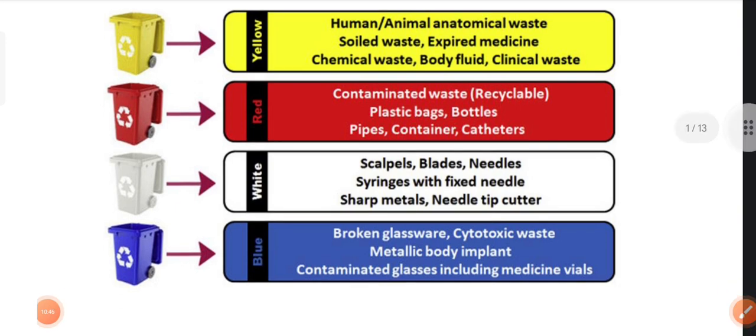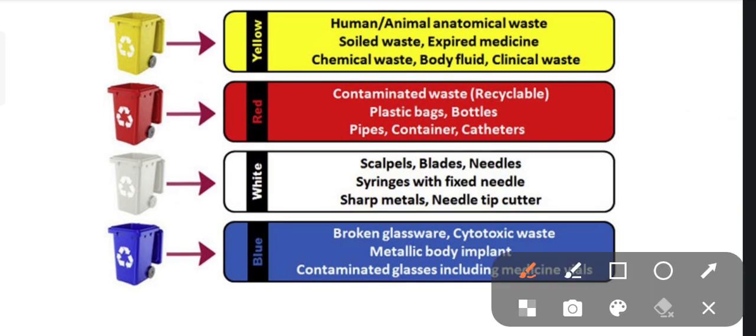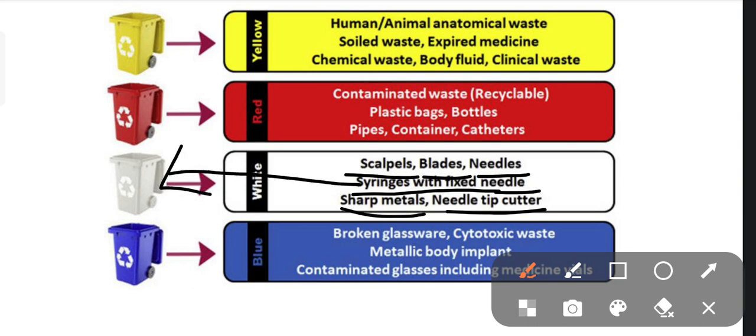In the white color bin, we have to dispose scalpels, which are used to make incisions over the body, like blades, and also needles, syringes with fixed needle, sharp metals, and needles with tip cutter. So these come under the white color bin.